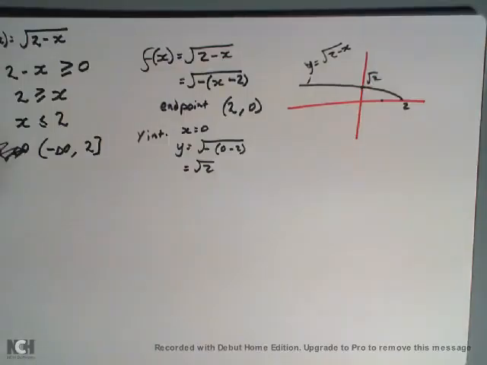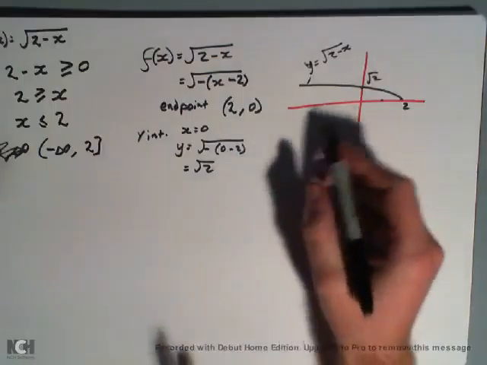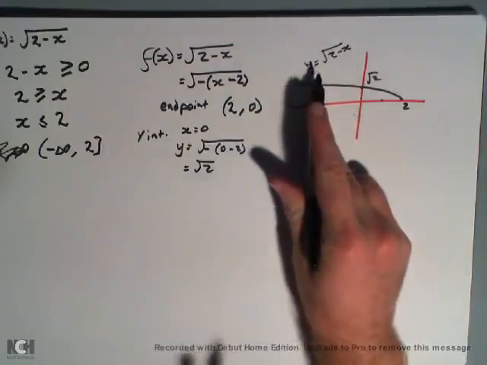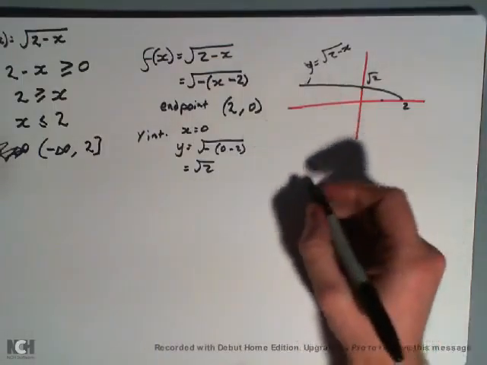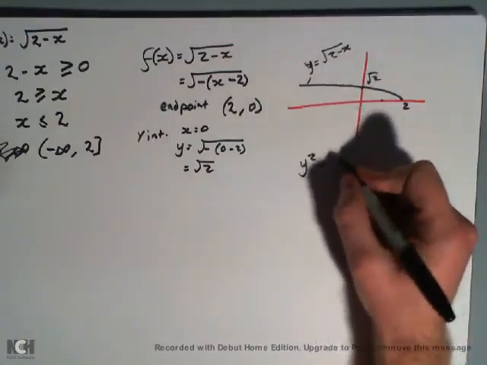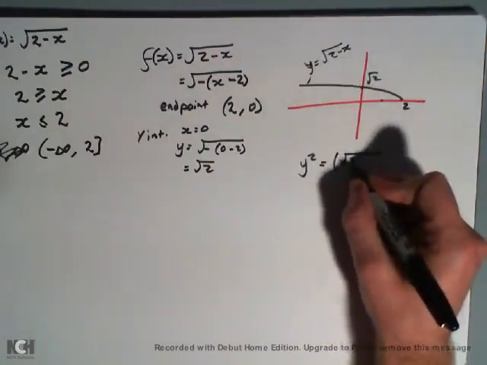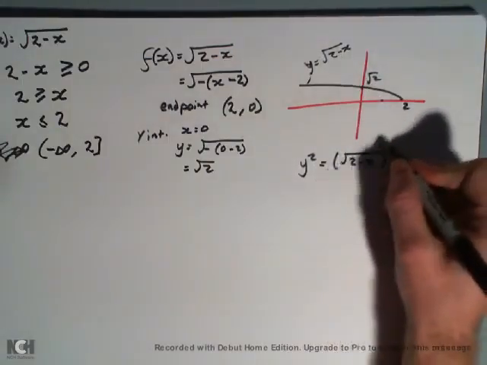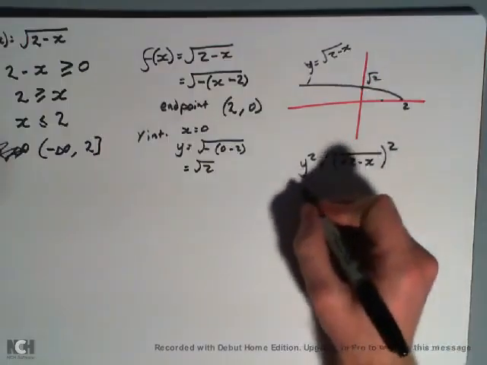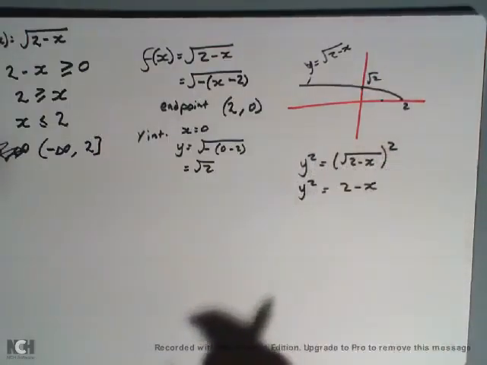Part 3 says form the equation of the sideways parabola of which it is a part. So the square root function is y equals square root of 2 take x. Our parabola is y squared equals whatever our y is. Okay, so square that, so we can say y squared is actually 2 take x.